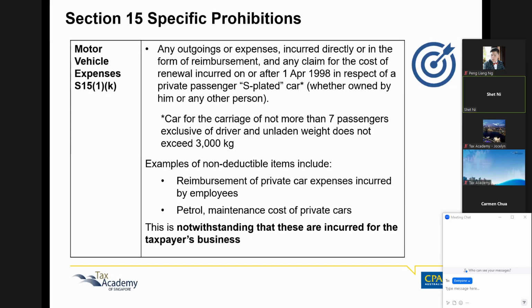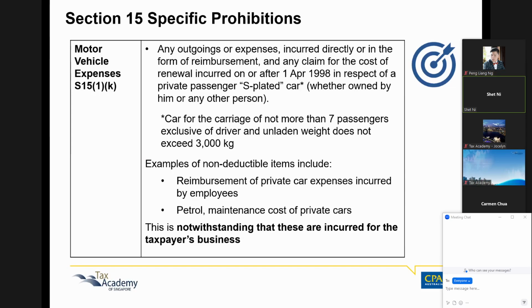So if you look at the examples here, the non-deductible items will include reimbursement of private car expenses incurred by employees. So here, the cars actually belongs to the employee. Okay, but even if the employee, let's say, may be in a position of doing sales, that they probably need the car to go around the island to visit clients, to maybe do some delivery using their own private car.